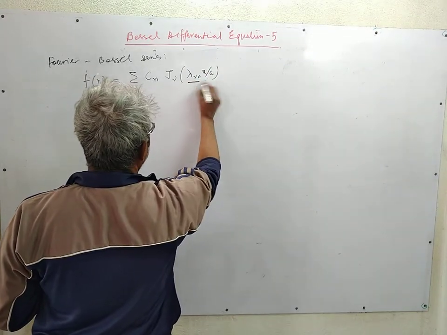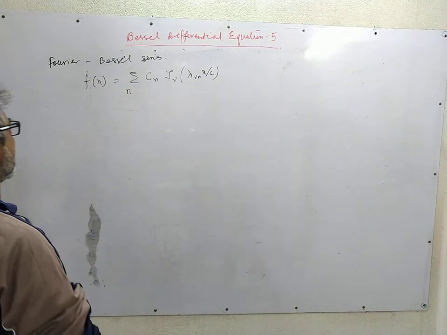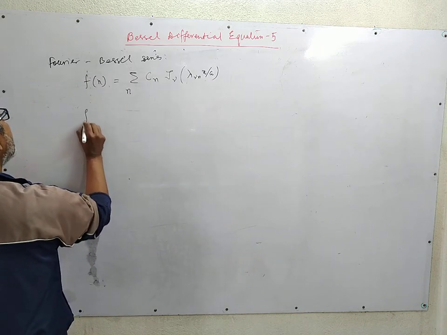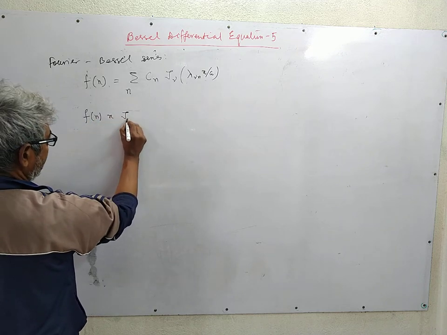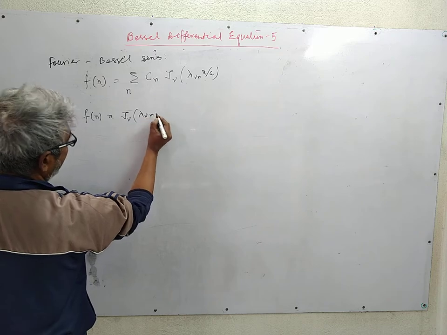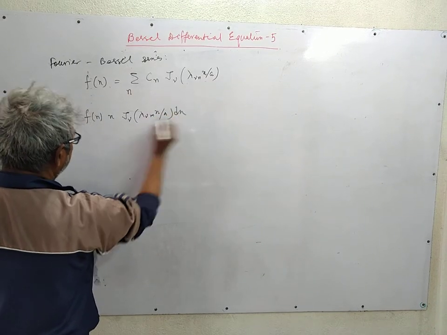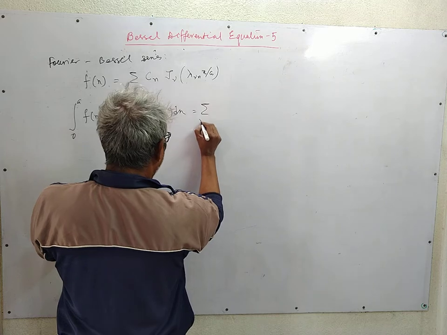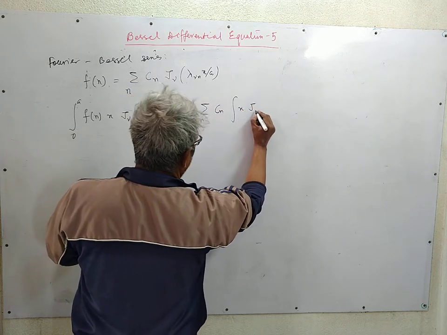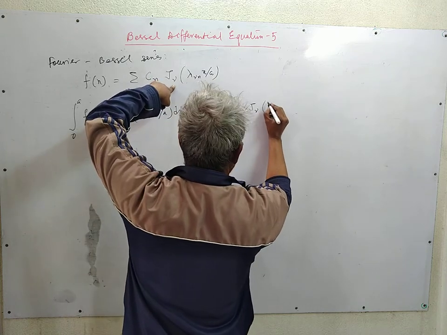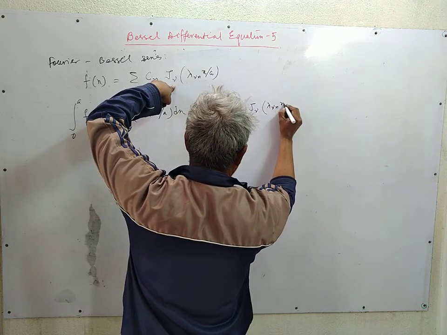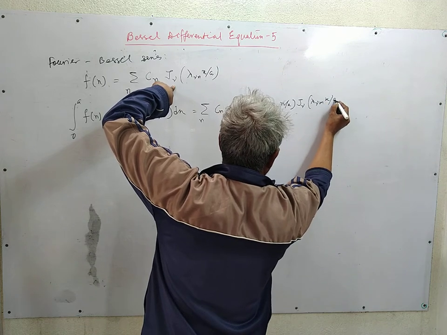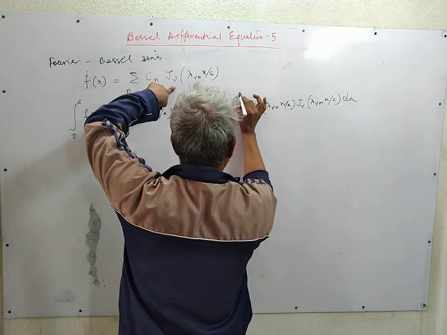With x by a, these are the zeros, and we can use the orthogonality relation of Bessel function. We multiply this by x j nu of lambda nu m x by a, and integrate dx from 0 to a. And on the right hand side we have summation over n of x j nu of lambda mu n x by a times j nu of lambda mu m x by a dx, integrated from 0 to a.